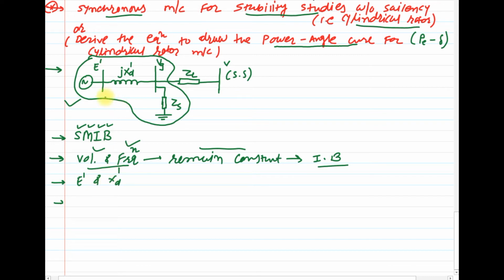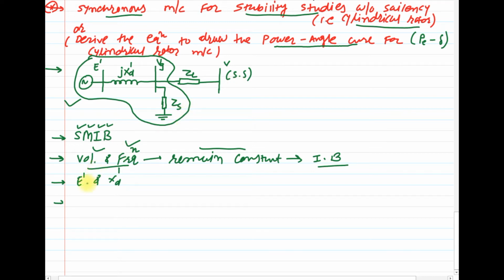We consider that the power delivered or supplied by this machine to the substation remains constant. Why will it remain constant? Because we have assumed that this substation is treated as an infinite bus, and the characteristic of an infinite bus is that the voltage and frequency remain constant. That's why the power fed into the substation will remain constant.